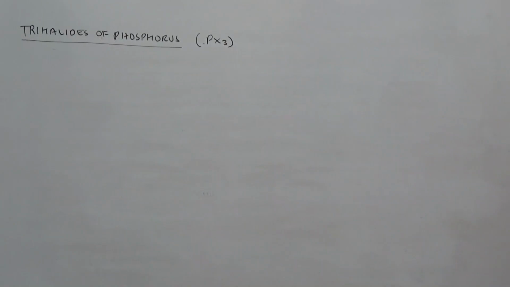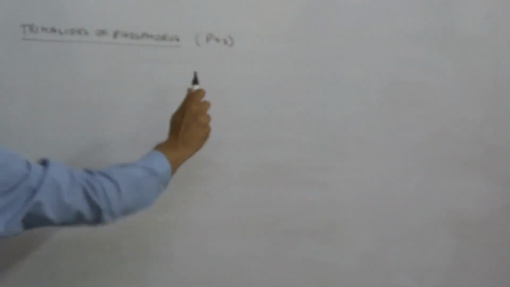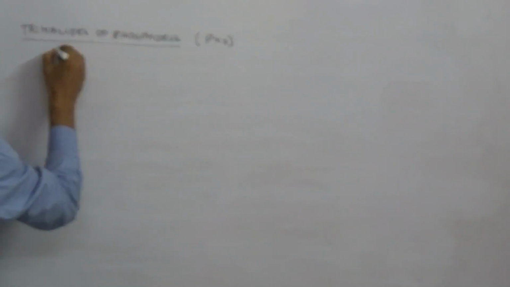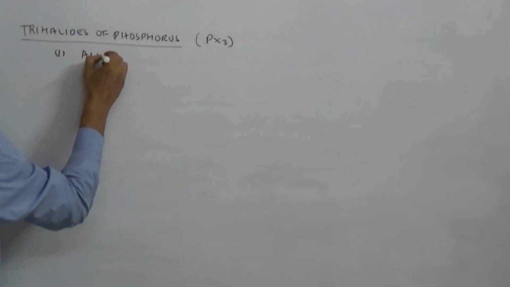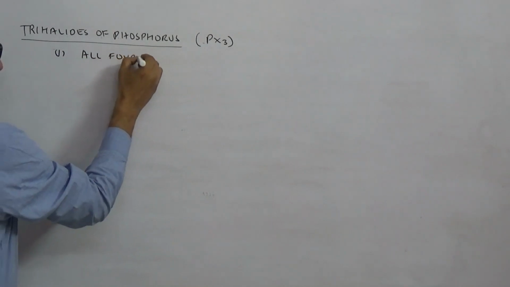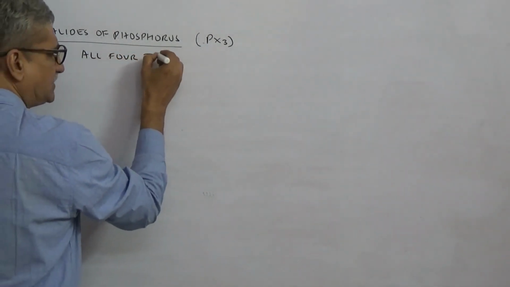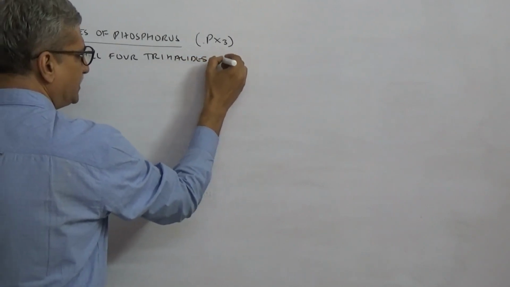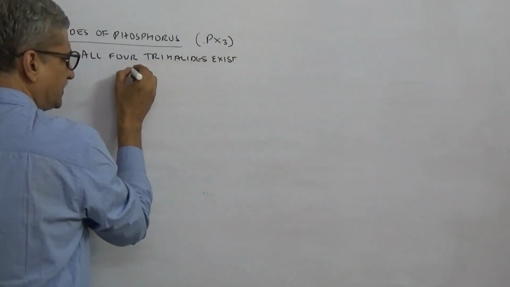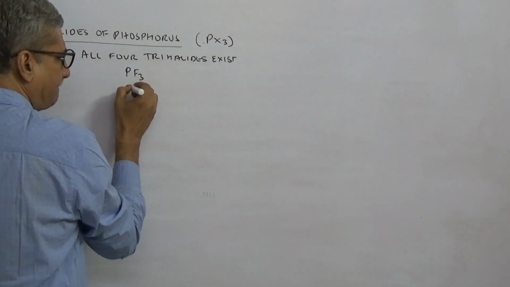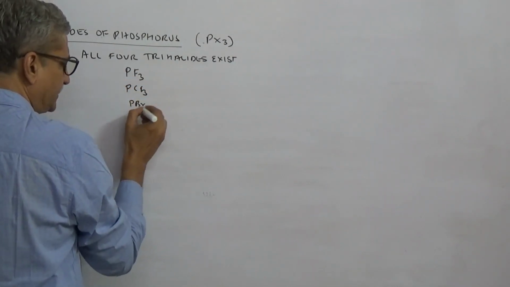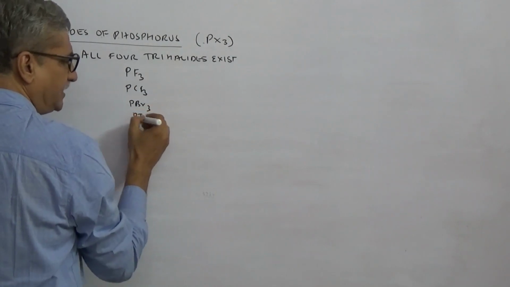Now when we talk of trihalides of phosphorus, the first point is that all four trihalides exist. That is the first thing: PF3, PCl3, PBr3, PI3 exist.